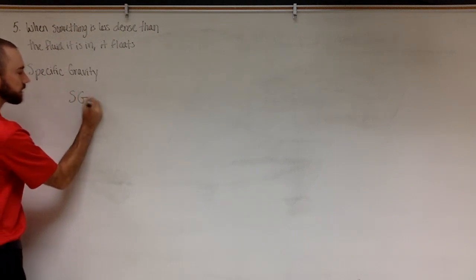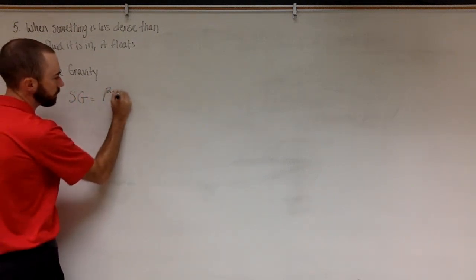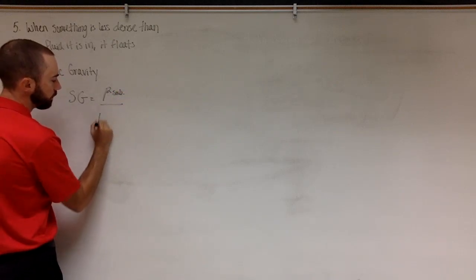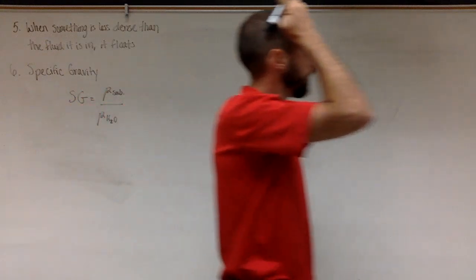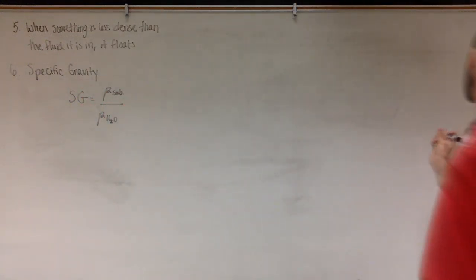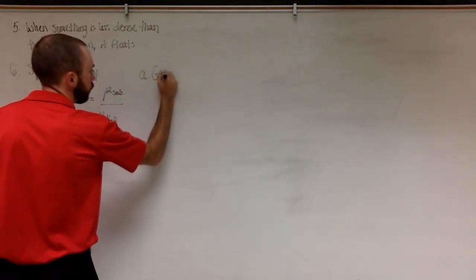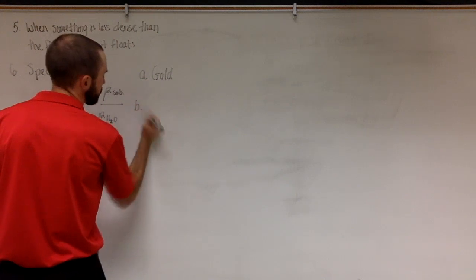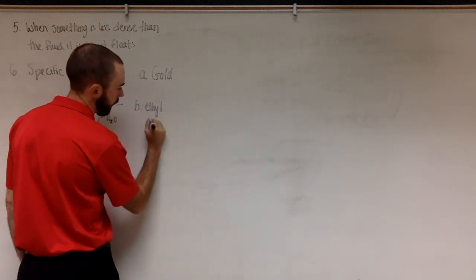So the specific gravity of a substance is going to be equal to the density of the substance over the density of water. So what I'm going to want you guys to do now is try to calculate the specific gravity for gold and the specific gravity for ethyl alcohol.